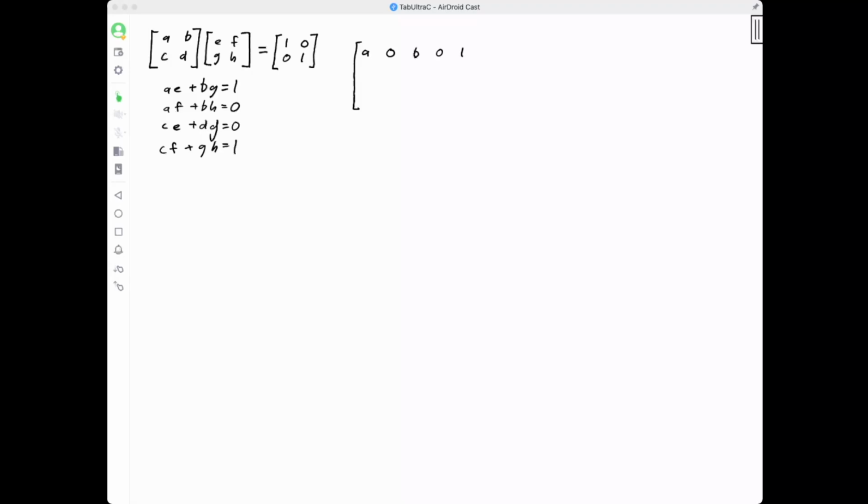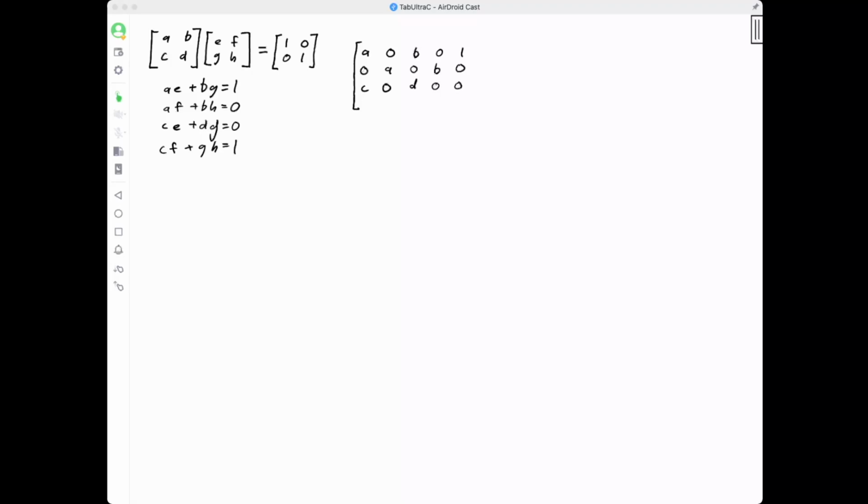The second row is going to be 0 times E plus A times F plus 0 times G plus B times H must be equal to 0. The third gives me C times E plus 0 times F plus D times G plus 0 times H has to equal 0.